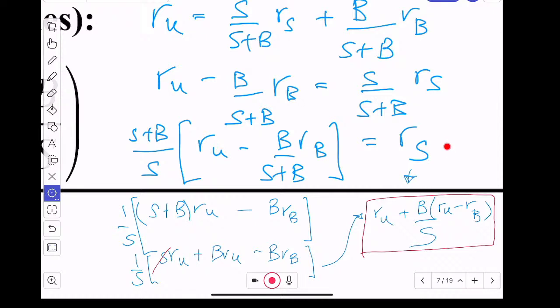So stockholders demand a higher rate of return to take on debt holders. That's what it looks like. Now this term here, the return to equity in the unlevered firm minus return to debt, this will always be a positive because remember we take on debt at a lower rate than equity. So this should always be positive.